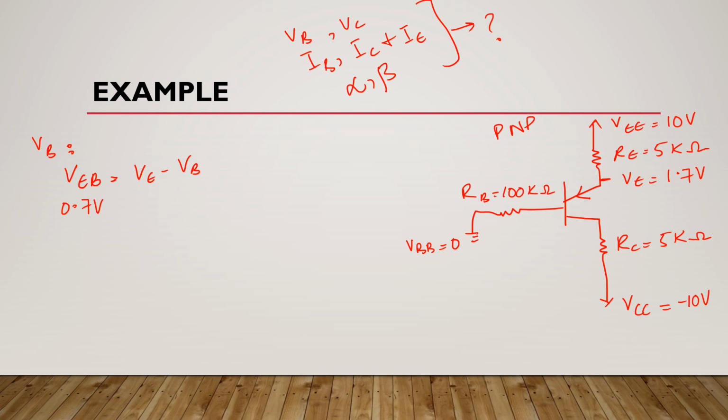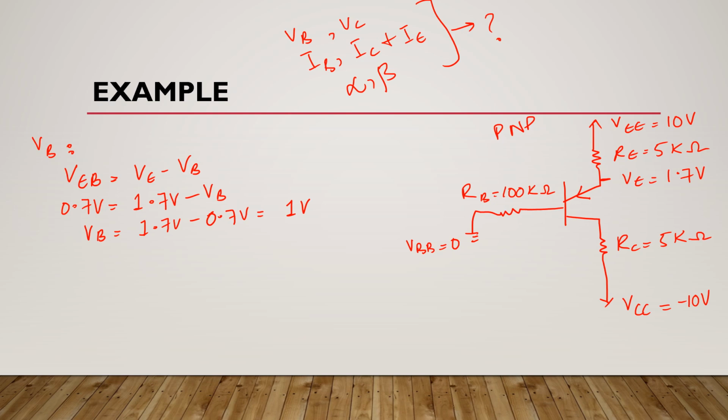Okay, and here we know that this VE is 1.7 volts. Here we have VB. Now if we rearrange this, we get 1.7 volts minus 0.7 volts is equal to 1 volt. So this is VB.